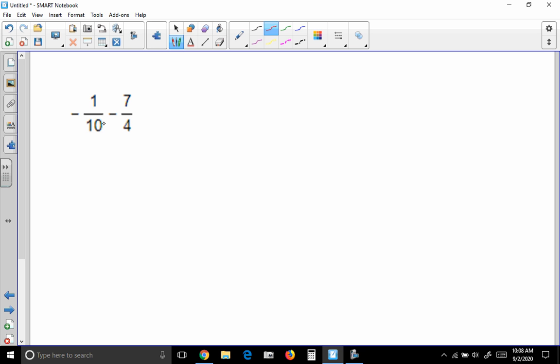What number can we turn this into and turn this into that's the same number? So we can turn these into other numbers by multiplying. So essentially, we're looking for multiples of 10 and multiples of 4 until we find a number that's a multiple of each of those.